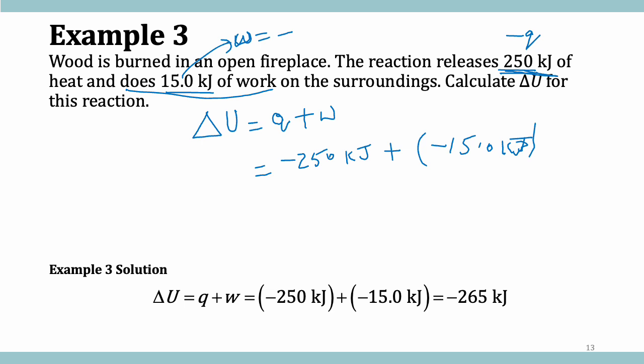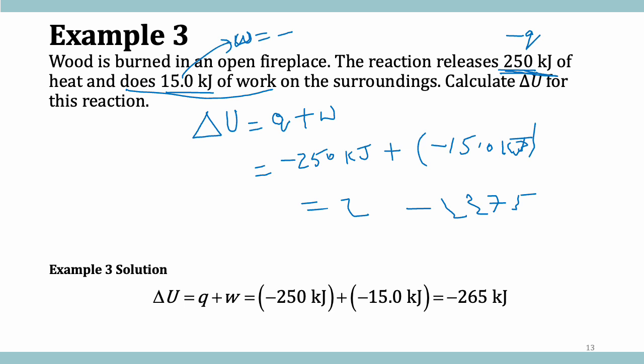This is negative, this is negative, so the total will be negative 275 kilojoules. I'm sorry, my pen is not writing well, I'll fix it in a minute, but in the meantime it is negative 275 kilojoules change in internal energy, which means the internal energy will drop.